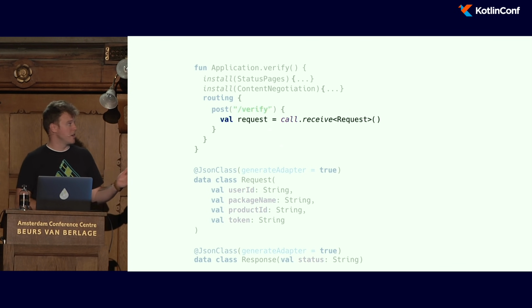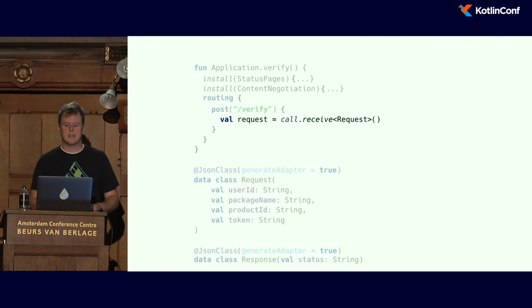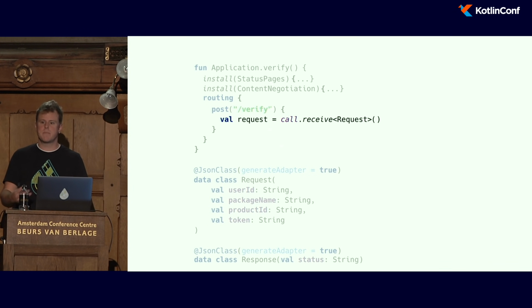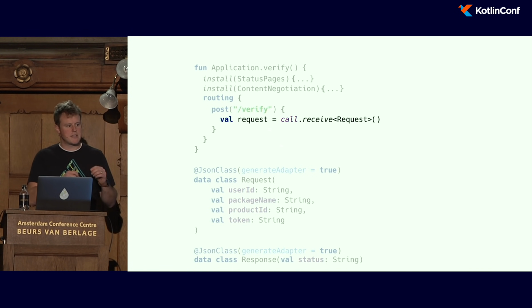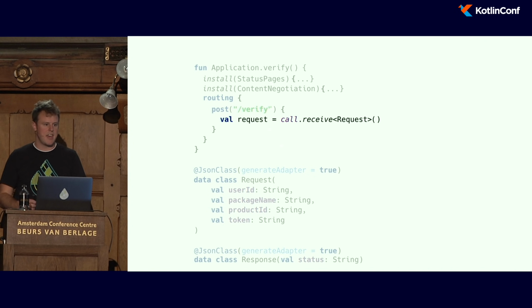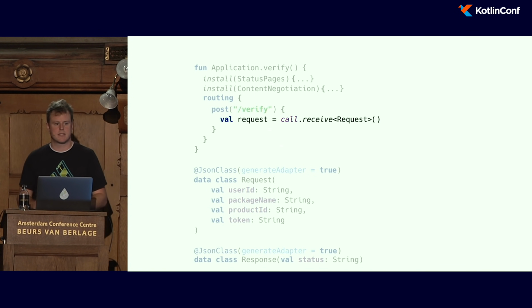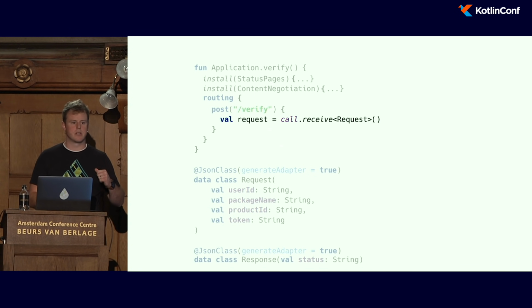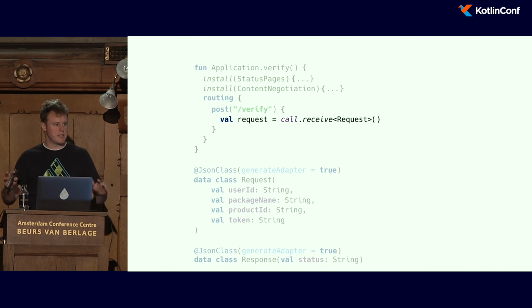On that call object, you can receive items out of the request, and by using those brackets, we make this a typed request, and we tell it that the type that we're expecting is request. Now, if the request can't be deserialized, if Moshi can't make a request object out of this, this is going to throw an exception, which immediately you might think is bad.